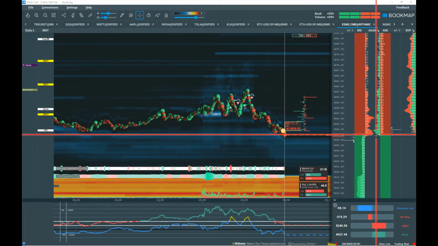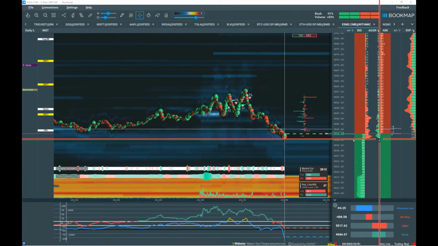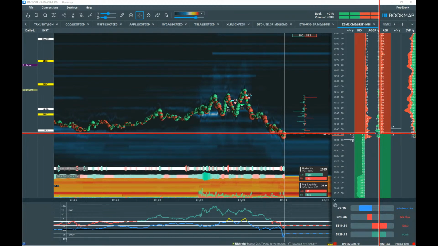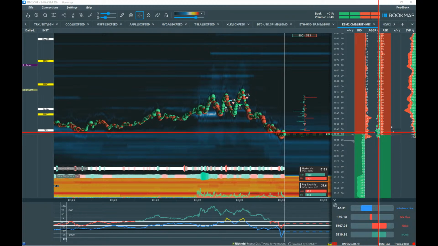And on the other side, if they want to buy, they are buying from ask, they are buying the offer, and it is common to say they are lifting the offer here. And why is this important?